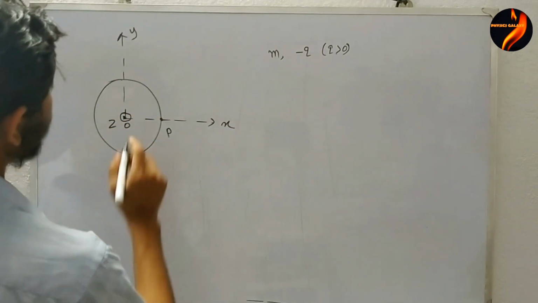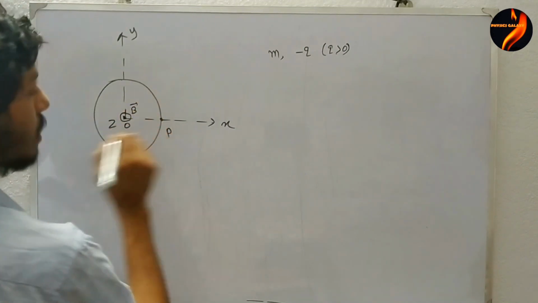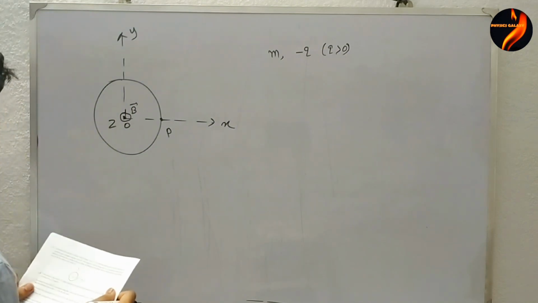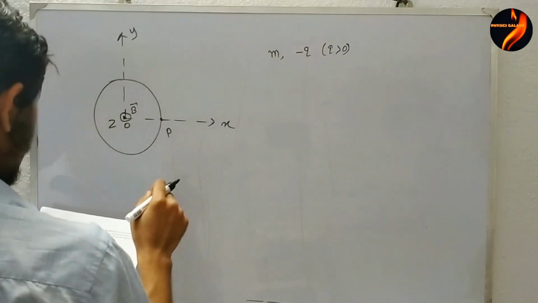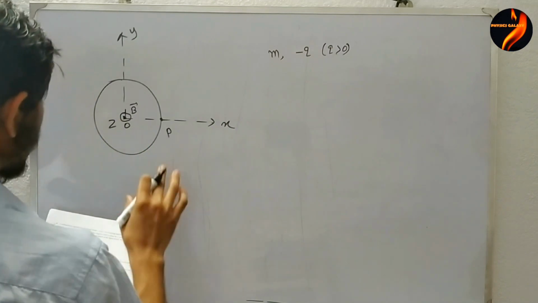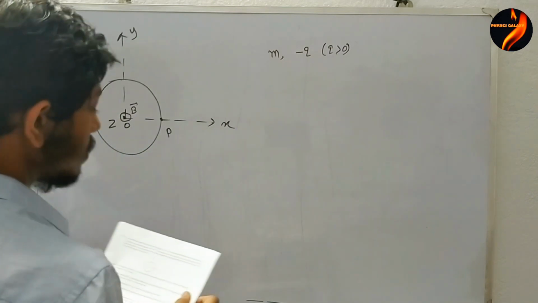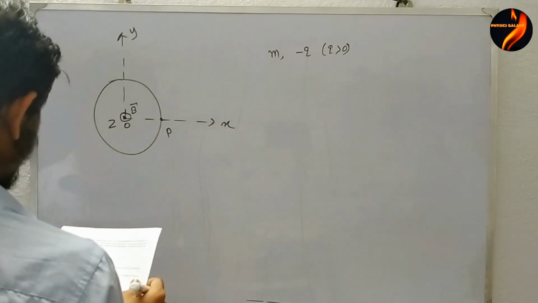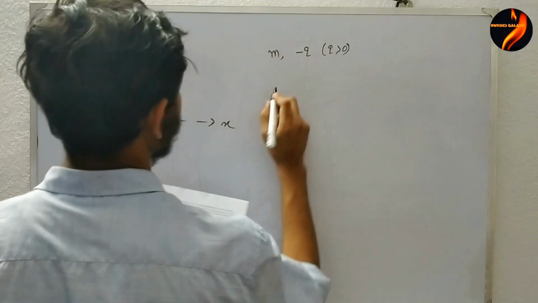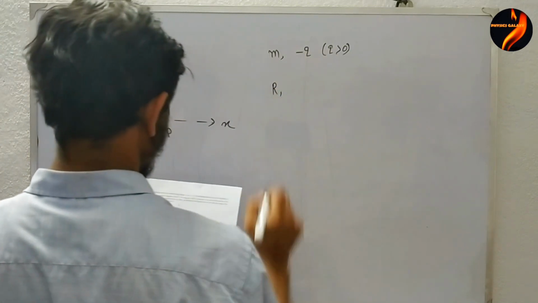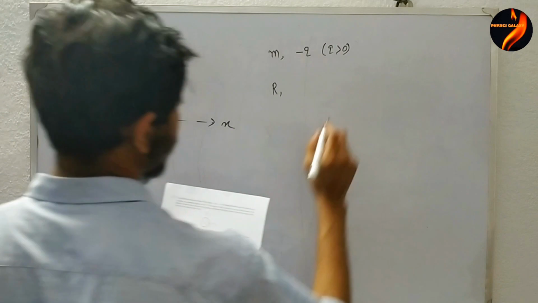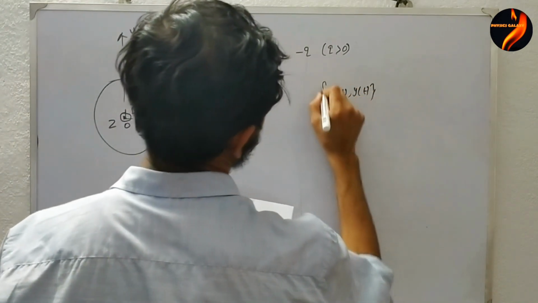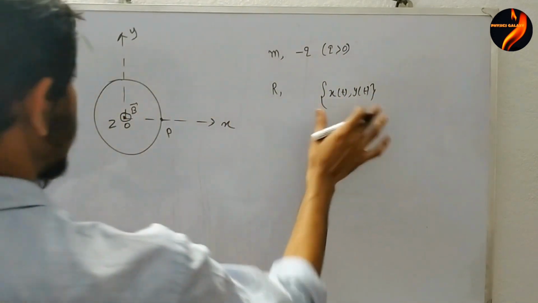So in the z direction we have a magnetic field B vector and a charged particle of mass m and charge minus q is moving. The motion of this particle is found to be circular in the xy plane, as shown in the figure. We take the origin of this axis at the center of this circle O, and the radius of the circle is given, which is r. Then write down the trajectory of the particle, which is a function of time. So I have to find this thing.